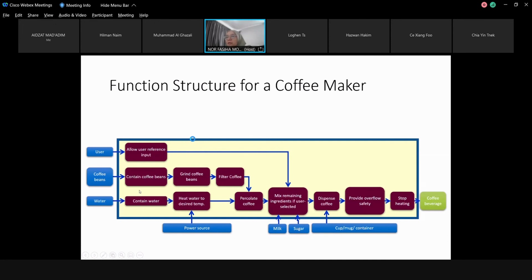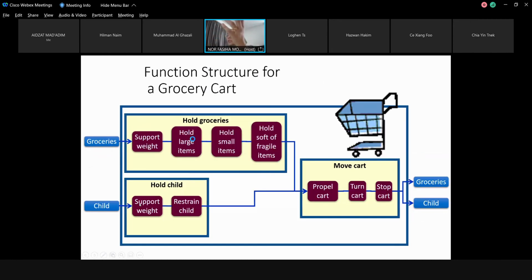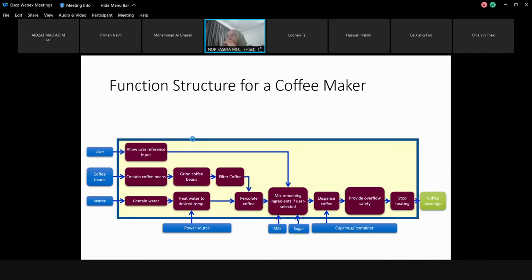As you can see in this chart, all the function statements, in the maroon color boxes, start with a verb, because we're talking about function, what to do.